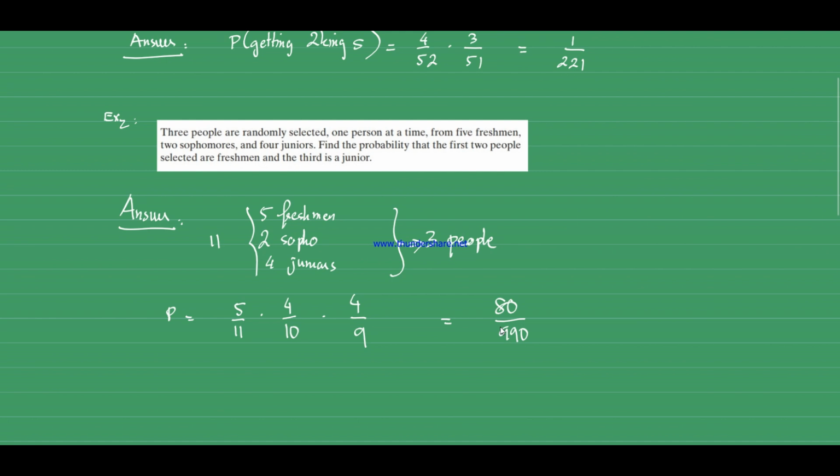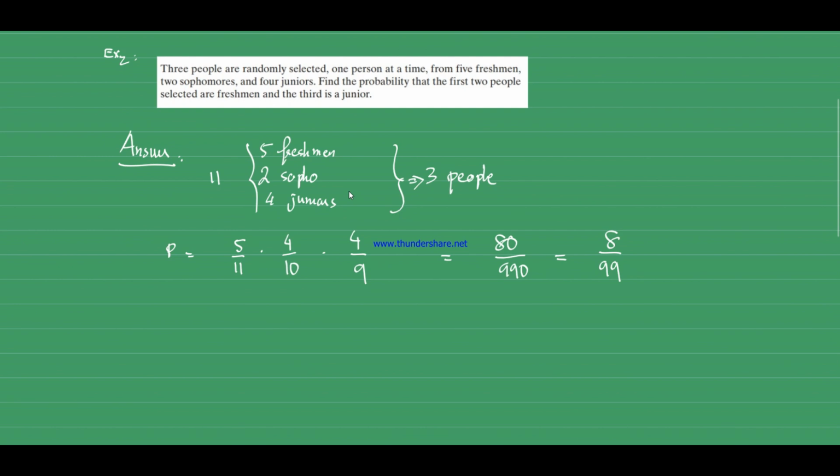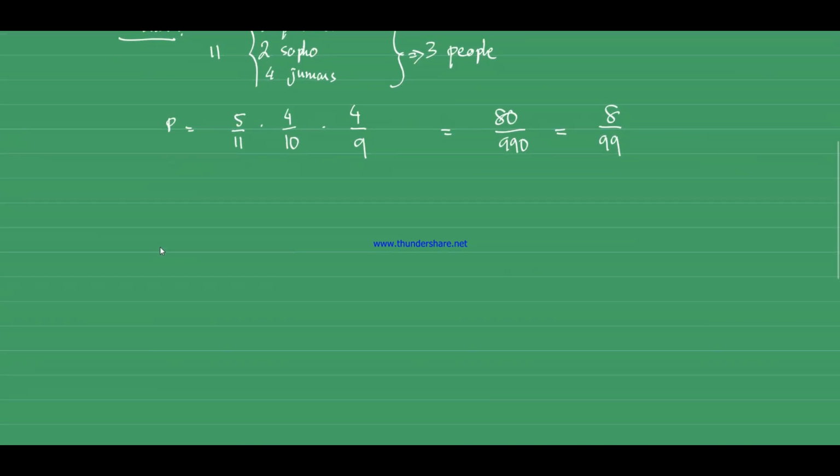Then 80 divided by that, simplify, so 8 over 99. Okay, yeah, you need to calculate the sample space. I forgot, that's why I got stuck over here. Alright, example number 3.